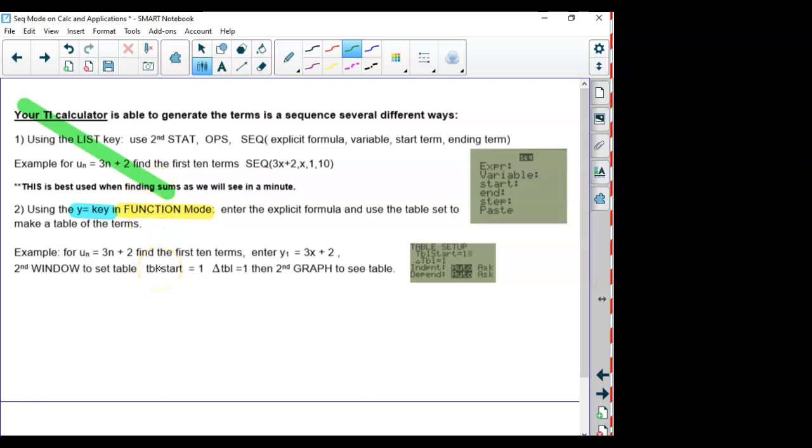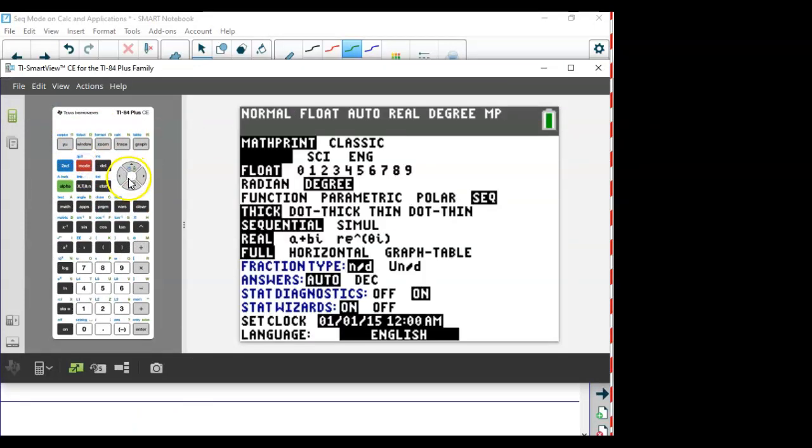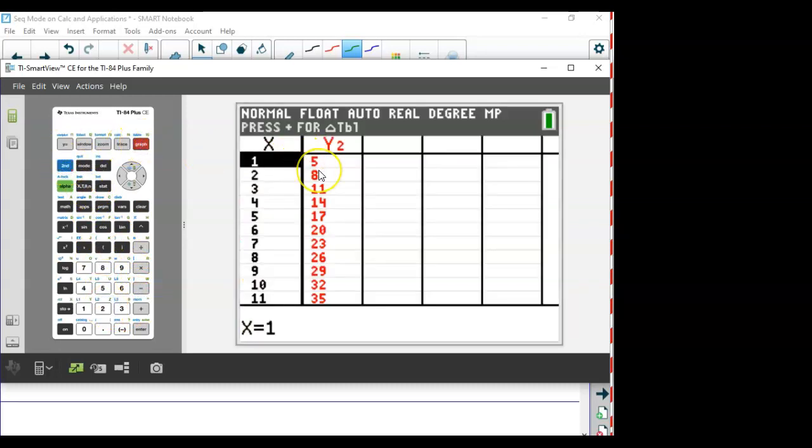What we're going to do first is I'm just going to show you if we wanted the terms of an arithmetic sequence that we had simplified down to 3x plus 2, the most basic way to find the values of that would be just to leave our calculator in function mode and graph it as though it was a line and say y equals 3x plus 2 and just go to the table, and the first value would be 5, the second value would be 8, and so on, okay?